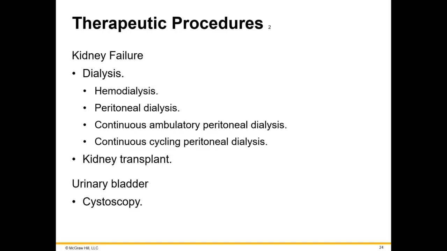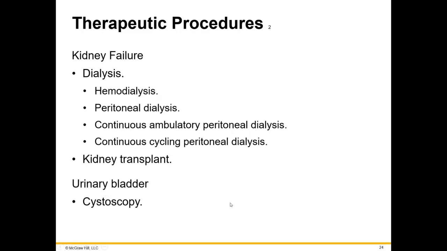Ambulatory is usually what's the word I'm looking for? Not adventuring, but you're exploratory type of thing. Continuous cycling of peritoneal dialysis, and then we have finally kidney transplant, which would work better than dialysis, provided you can get someone.